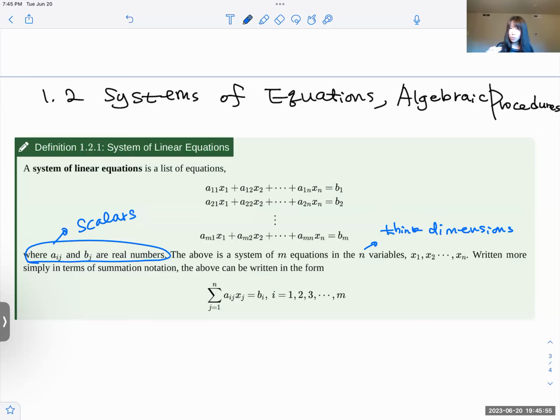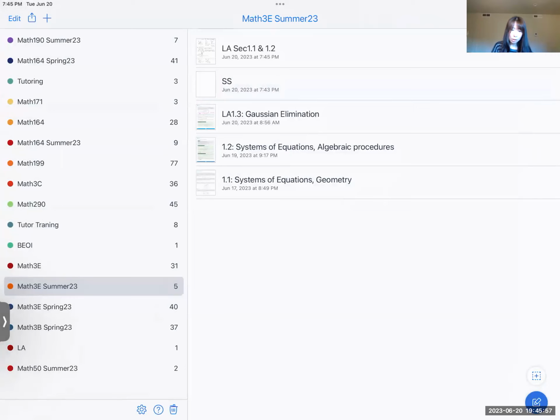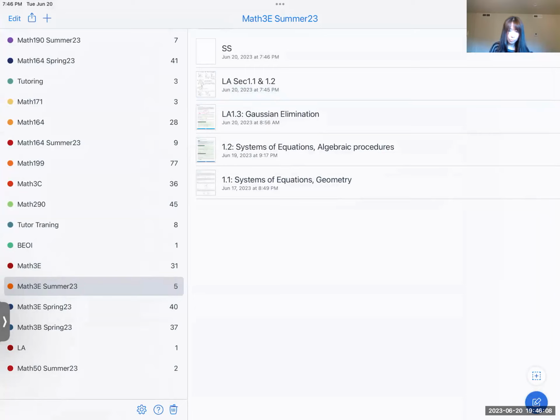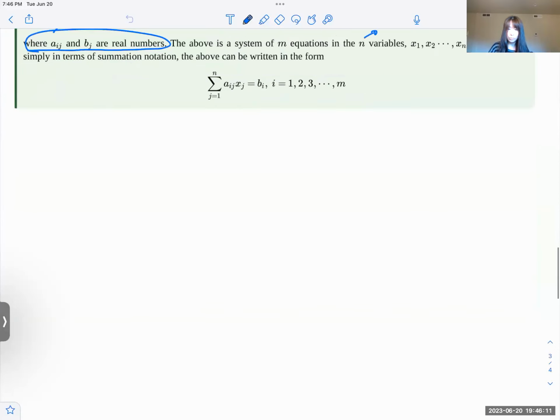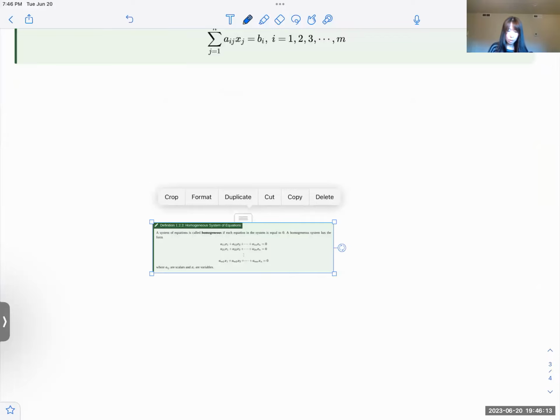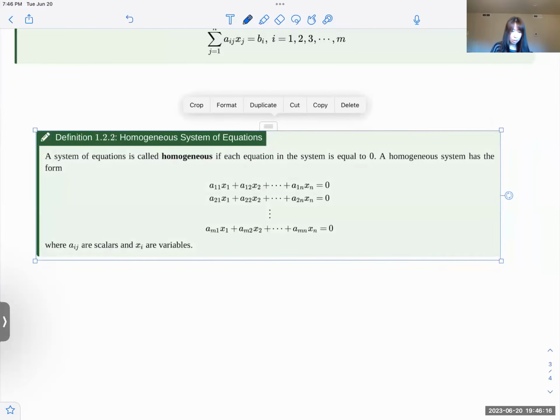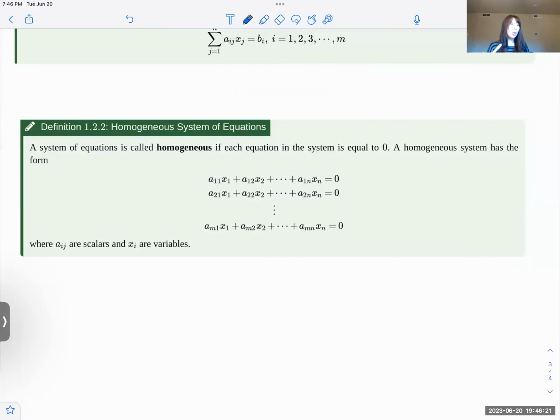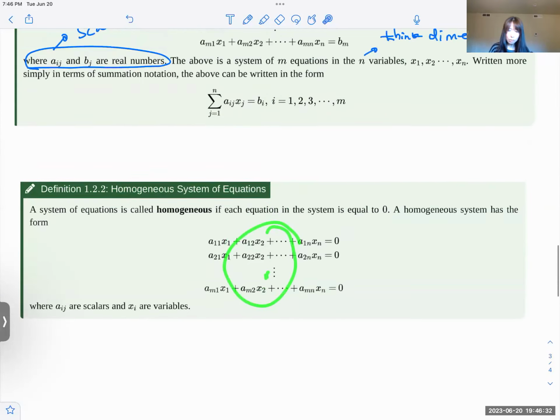Okay, now, another definition. So we have the homogeneous system of equations. So what is a homogeneous equation? Look, this is the system from here, right?